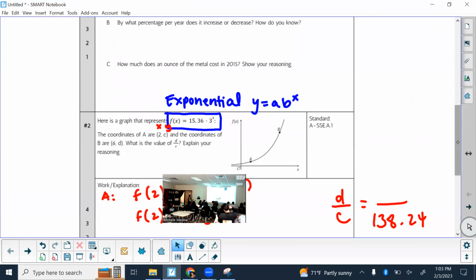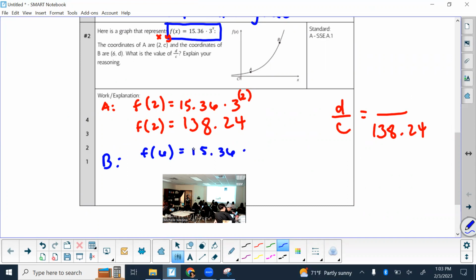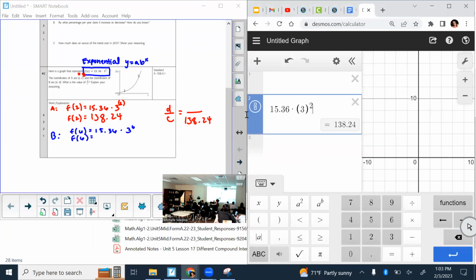So then you plug in 6 because that's your X, and that'll give you the output for that coordinate. So it goes f of 6 equals 15.36 times 3 to the 6th power. And then you throw that in your calculator. So change this to a 6. And I get this number for what D is.